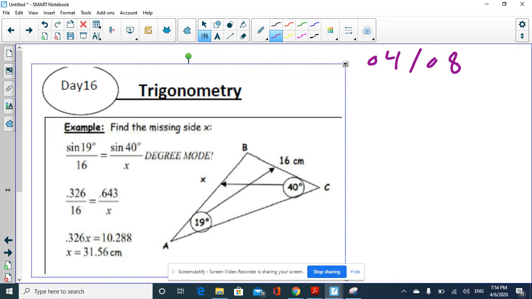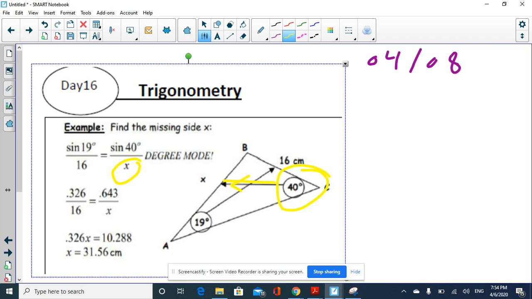So I am using sine 19 here. What's the opposite side? Sine 19 over 16 equals sine 40 over the opposite side, which is X. Now we can find x by cross multiplication.